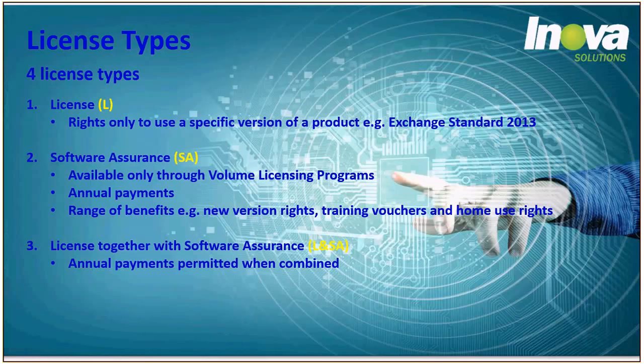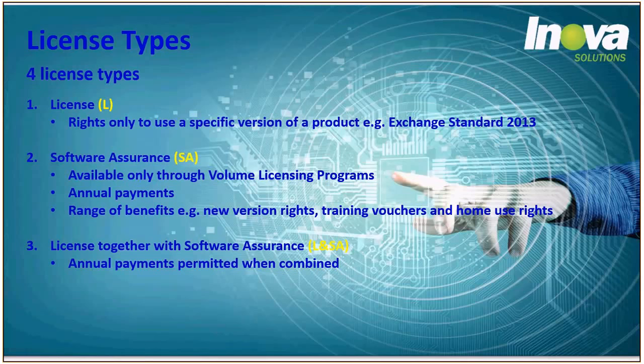So that is another type of license that you can purchase through volume licensing. The license and software assurance can be purchased together. What happens is you have the right to use the software through the license, and then you add the software assurance on top of that, and that allows you to get the benefits of the software assurance with the license that you have purchased.